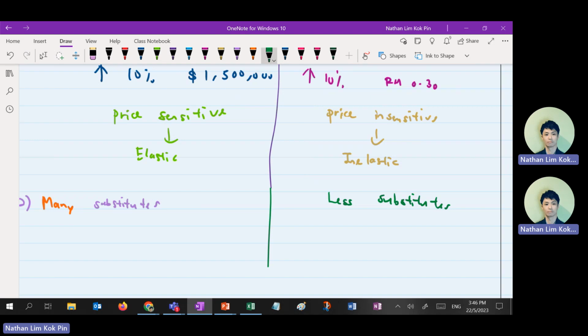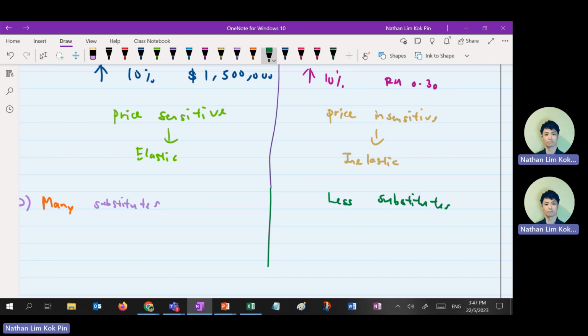Which is an RPG game, and this game only has one name. That's all, right? If you want to play a game, you have to play that game. Then you don't care about the price because that's your only entry, right?